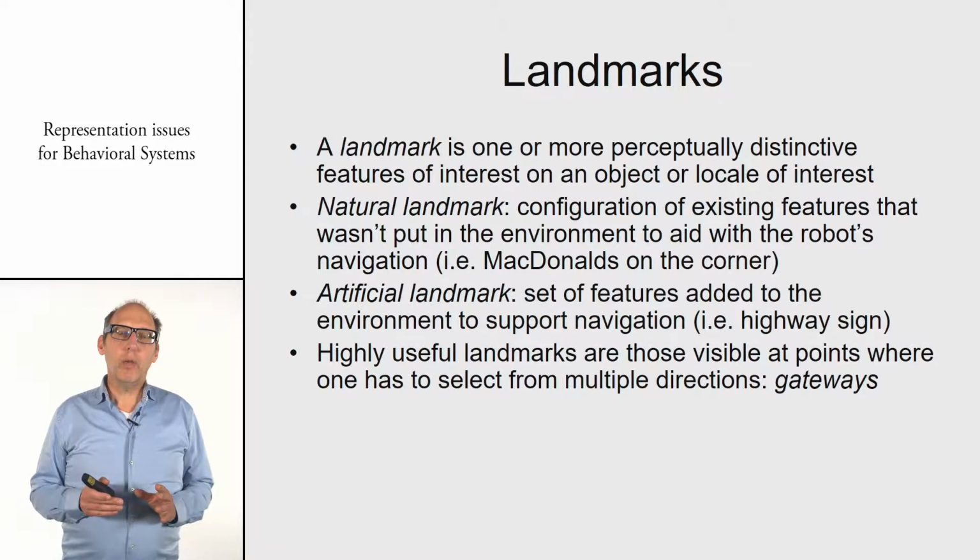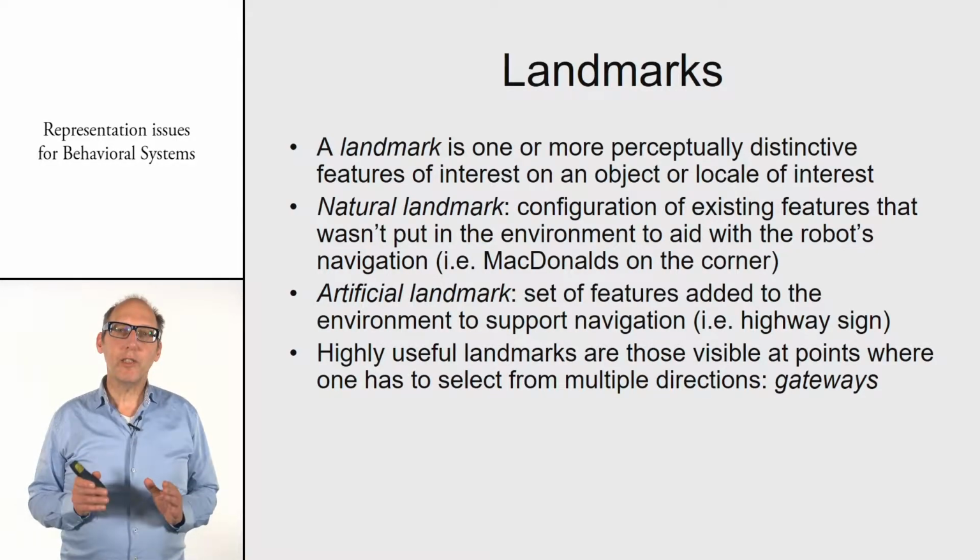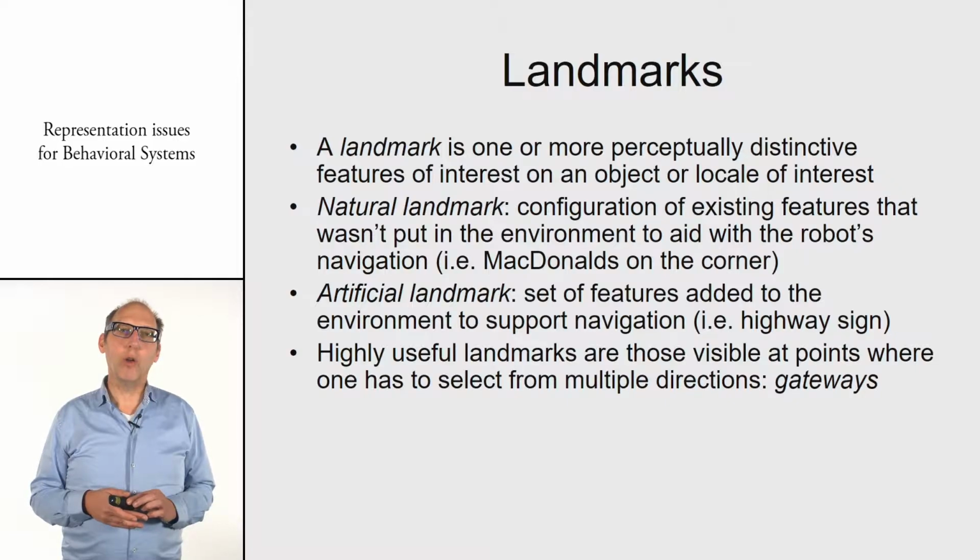So what's important is that along the route you have landmarks. Landmarks are really special. First, they have to be really perceptual, very distinctive, so you shouldn't see them too often. You want them to be recognizable from very different scales, so you have to recognize them from nearby, but also from a large distance.